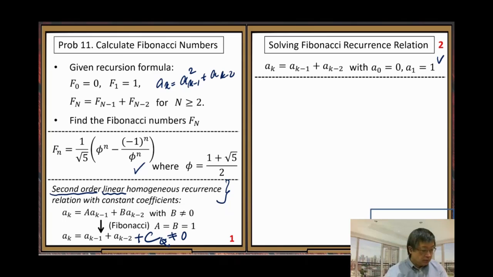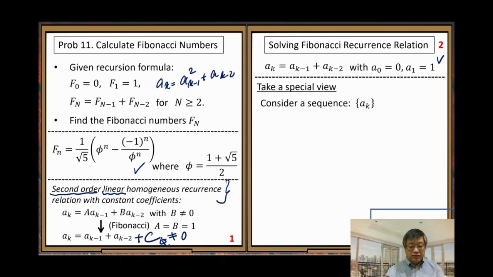Now, let us look at the solution. Let us take a special view on the sequence. Solution sequence, right? Our goal, find the solution sequence, A sub k sequence. The first thing, we want to guess the structure of the sequence.